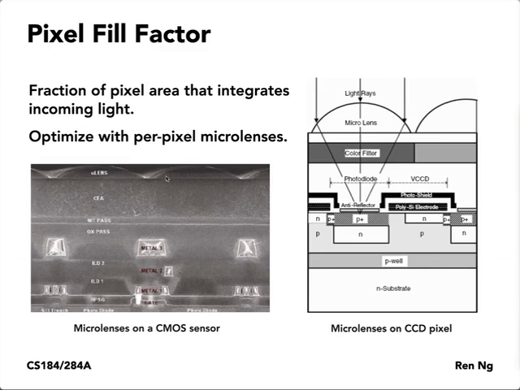If it wasn't there and the light wasn't bent, then a big portion of the light would just flow straight through and parts of it would get blocked by these metal layers and wouldn't arrive at the photodiode. So microlenses can provide a way to increase the effective light collection area of the chip.